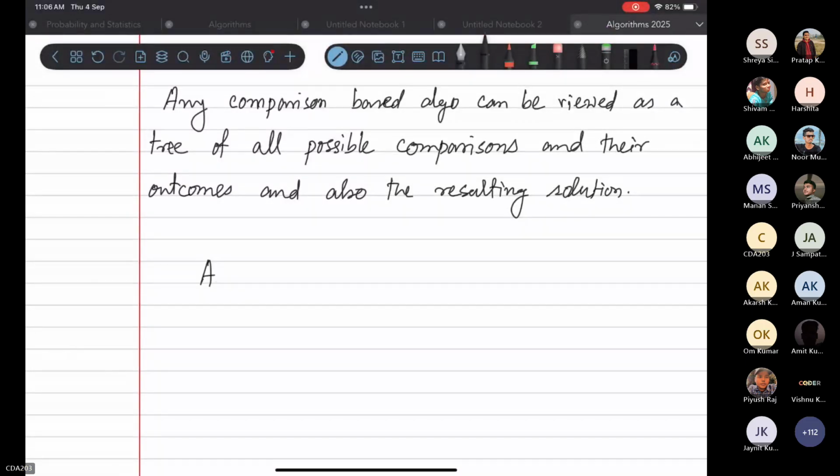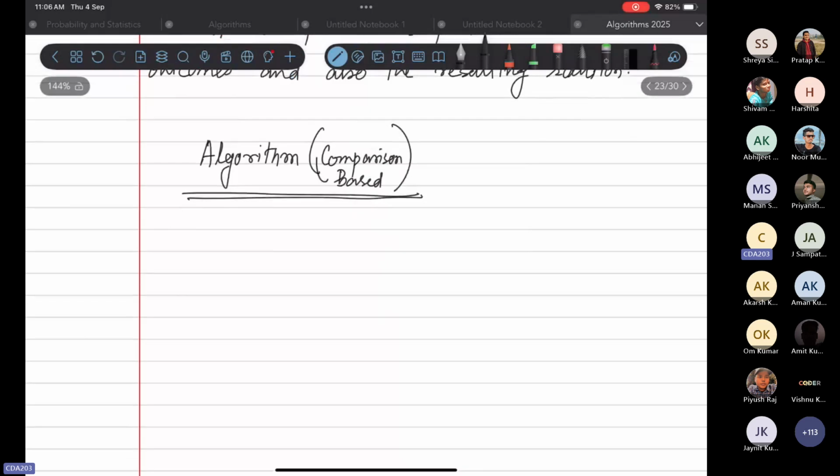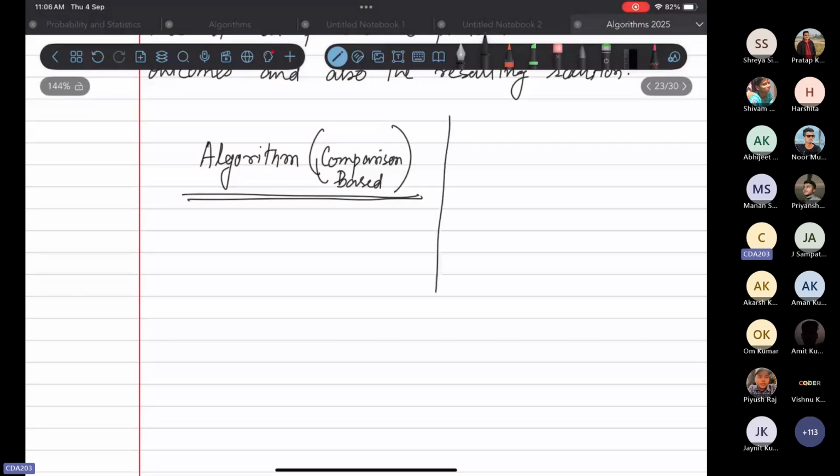Let's say some kind of comparison based algorithm, and let us try to draw some analogy between these two ideas.